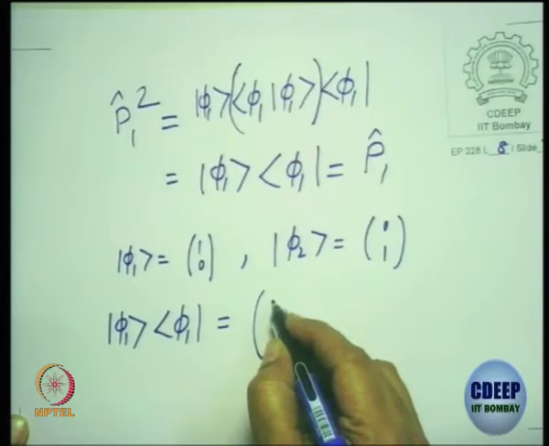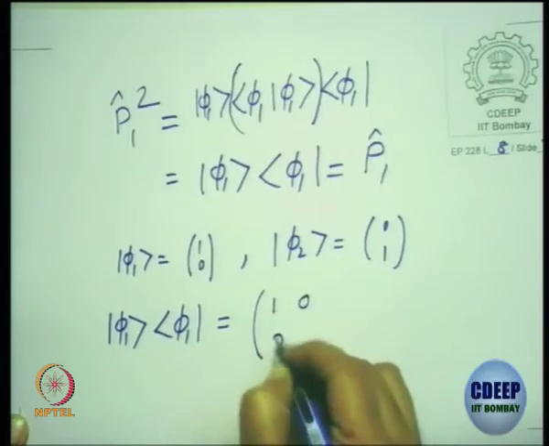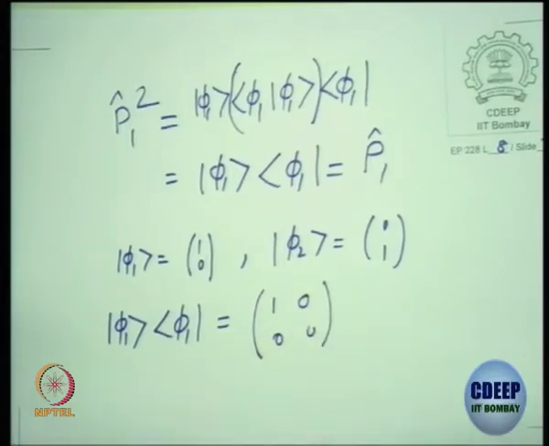It is 1 0, 0 0. What are the eigenvalues of this? 0 and 1. Right? If the state is in that subspace, it will get projected and stay as it is. If it is not in the subspace, it is going to be 0.